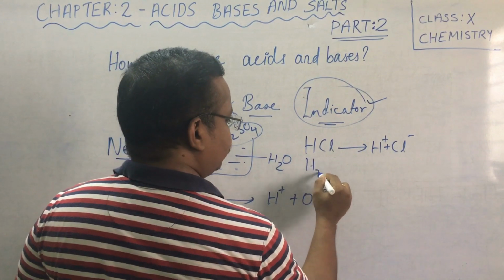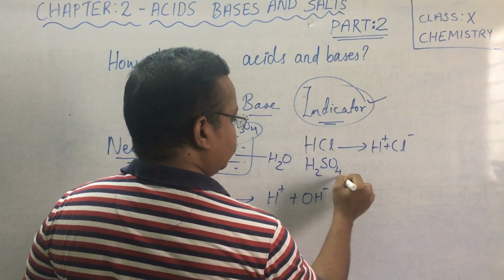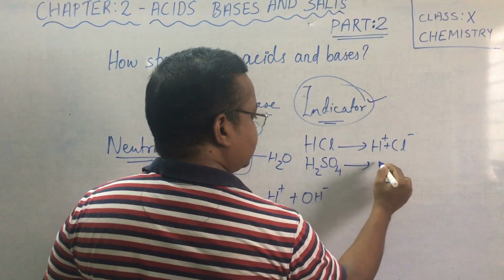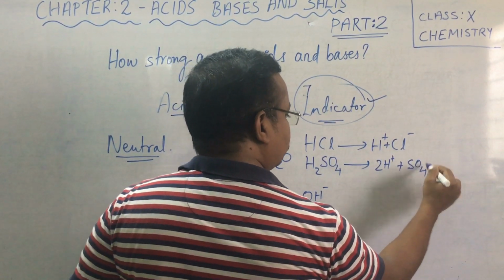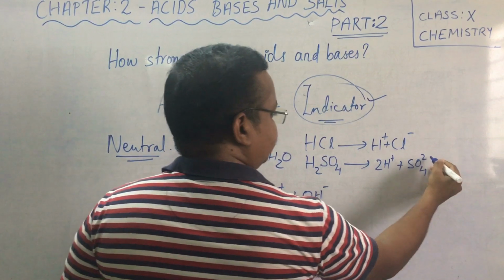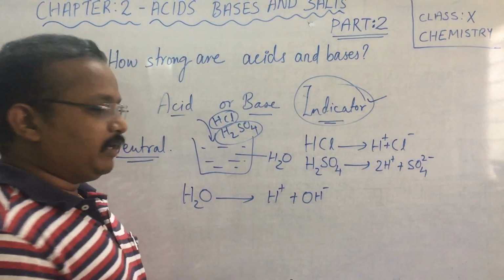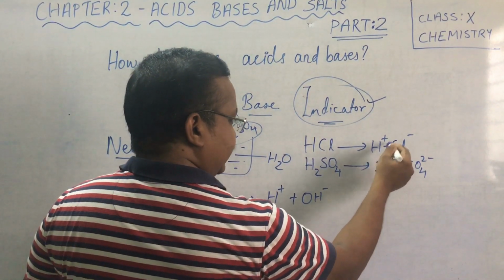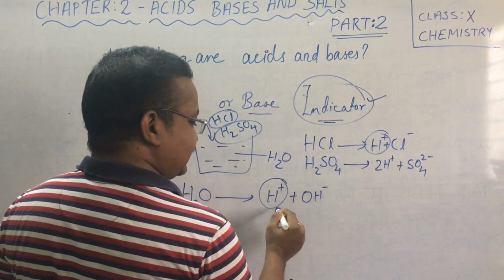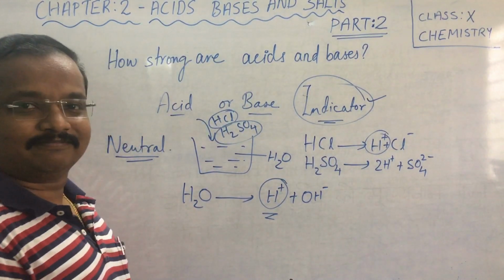And H2SO4 will give us 2H positive as well as SO4 2 negative. Because of that, the amount of H positive is increasing in the solution.